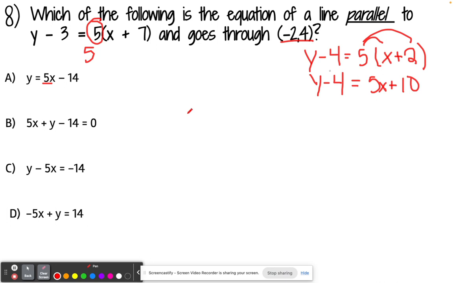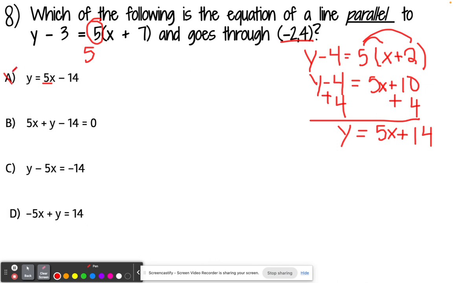Again, it's always good to look over. Did I have any of those? No. Let's add 4 to both sides. y equals 5x plus 14. This one doesn't work. It's minus 14.